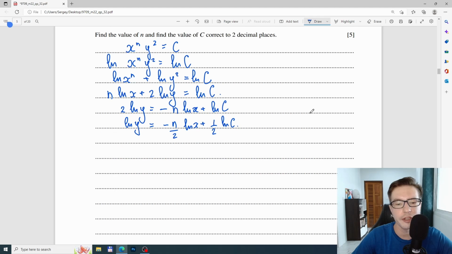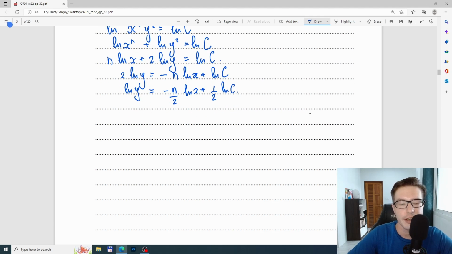And now we can spot that if we make a variable change and say natural log y equals, let's say, capital Y, and natural log x equals capital X, we actually have a linear function which looks like Y equals minus n over 2 X plus half log c. And then the gradient of this function is going to be whatever is in front of X, so that's minus n over 2.